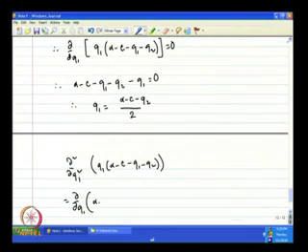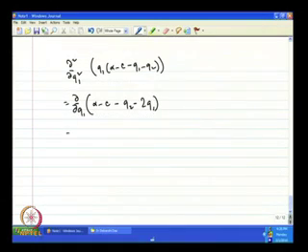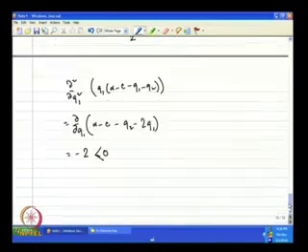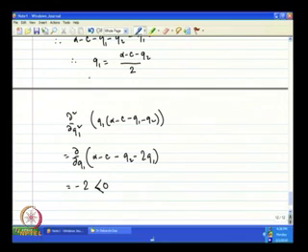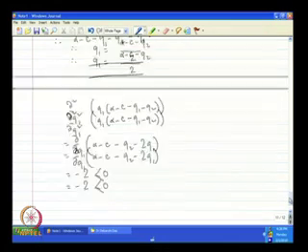This is nothing but alpha minus C minus Q2 minus 2 Q1. This is coming from here, second line, and this is nothing but minus 2, which is less than 0. So, the second order condition is satisfied. So, the first order condition which is giving me this is the best response function.